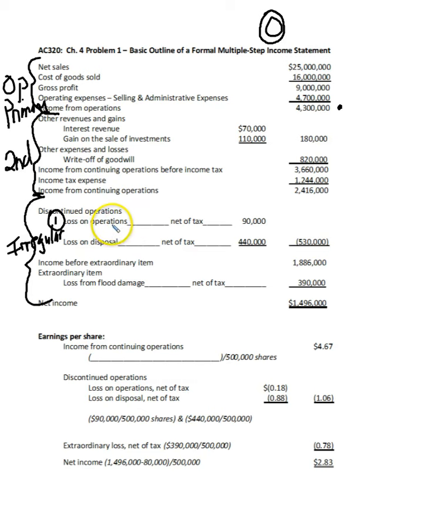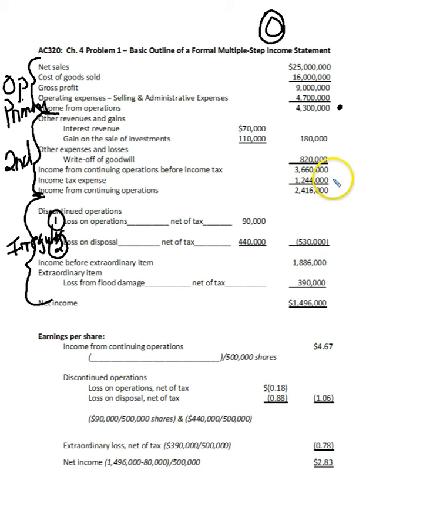This segment had a net loss, in this case, of $90,000 from January through August. So we're going to show the loss on operations of the discontinued component, and then when we sell it or get rid of it, the loss on the sale or abandonment of it. And then we're going to show that net of tax.